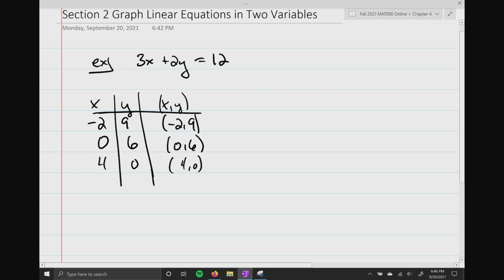Okay? Now, recall that every single one of these points is called an ordered pair. Which means there's an order. X comes first, Y comes second. And they're pairs because this X and this Y, in this case the -2 and the 9, are paired together. Okay?